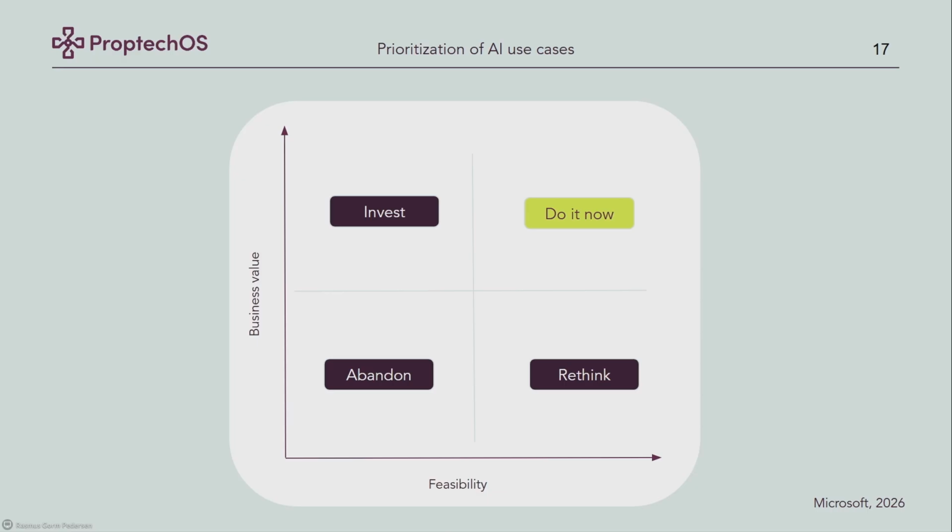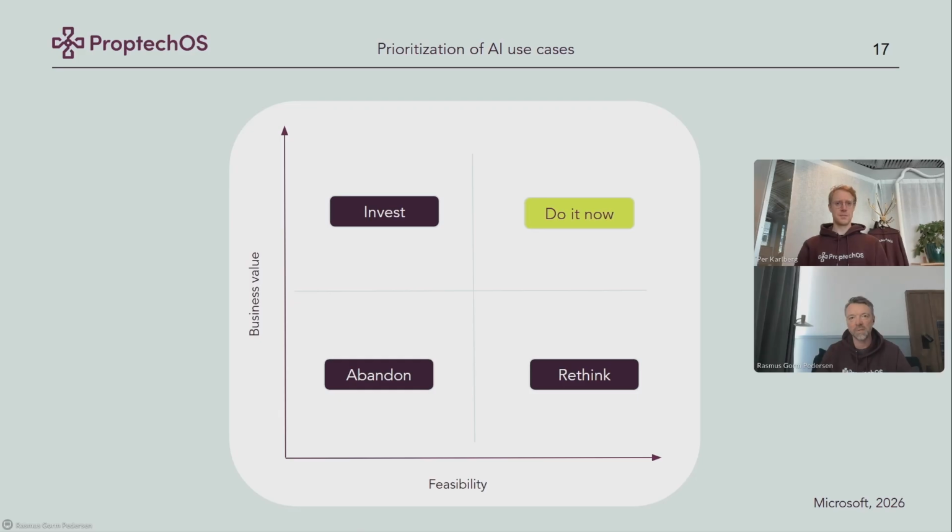If it has a high business value, invest in that, because maybe you have a really good use case, energy flexibility, peak shaving. Very few have the data for this, or have the agreements with the net operators. But there's a huge potential in terms of CO2 reductions. So that's a good example.